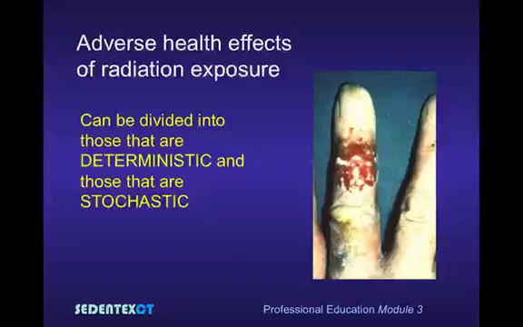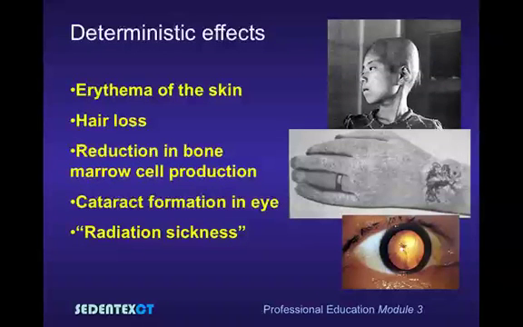The adverse health effects of radiation exposure can be divided into two types, with rather difficult names: deterministic and stochastic effects. Let's look at deterministic effects first of all. These include a whole list of things, and this is not a complete list, which may be associated with exposure to radiation.